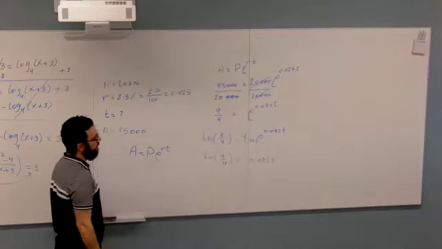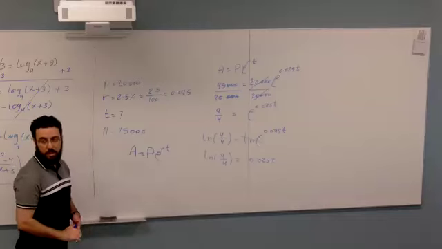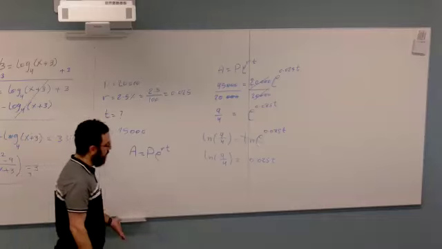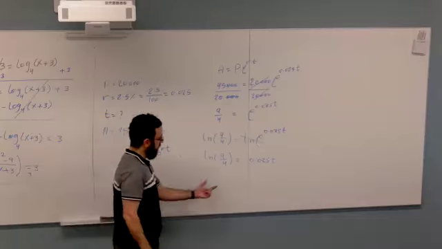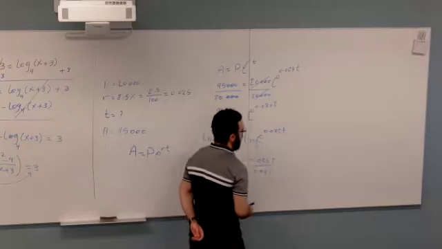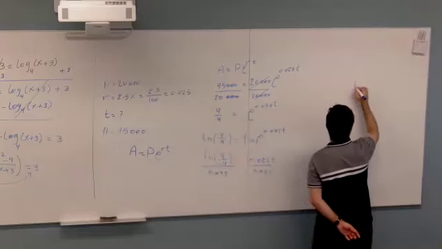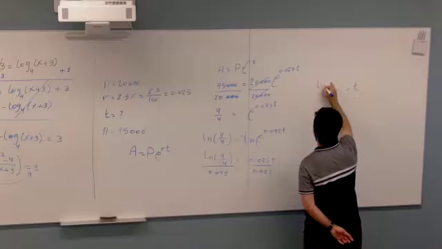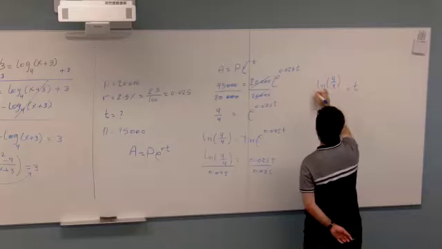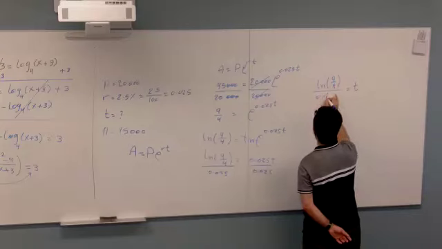Now how are we gonna find the time? Just divide both sides by what we have here, 0.025. That means the time is going to be equal to ln 9/4 everything divided by 0.025.